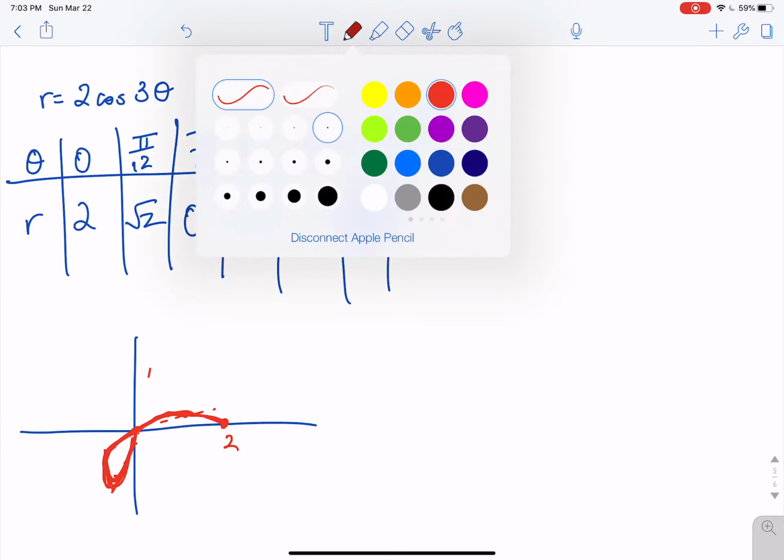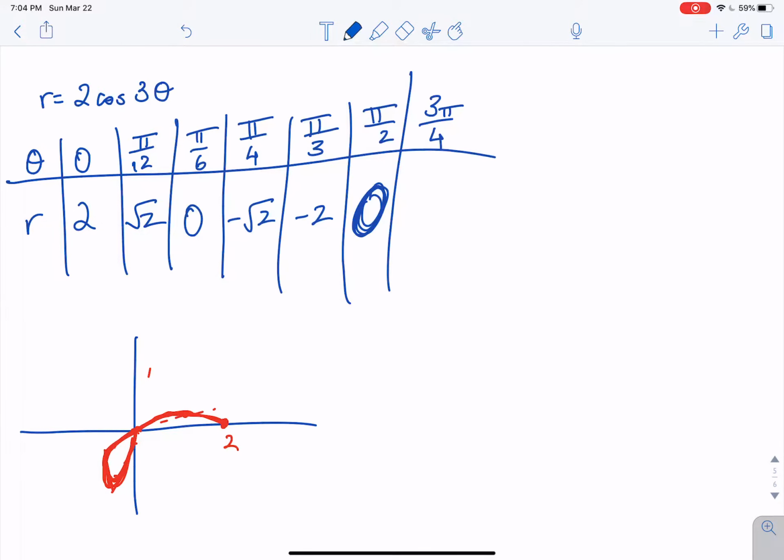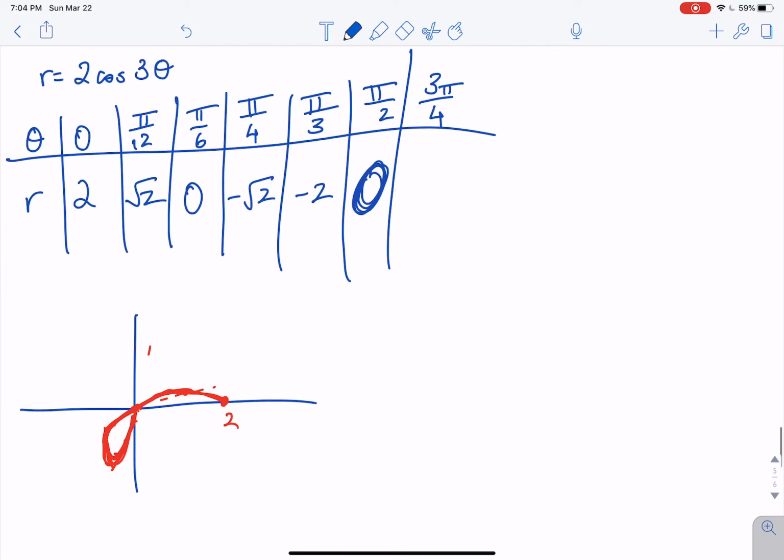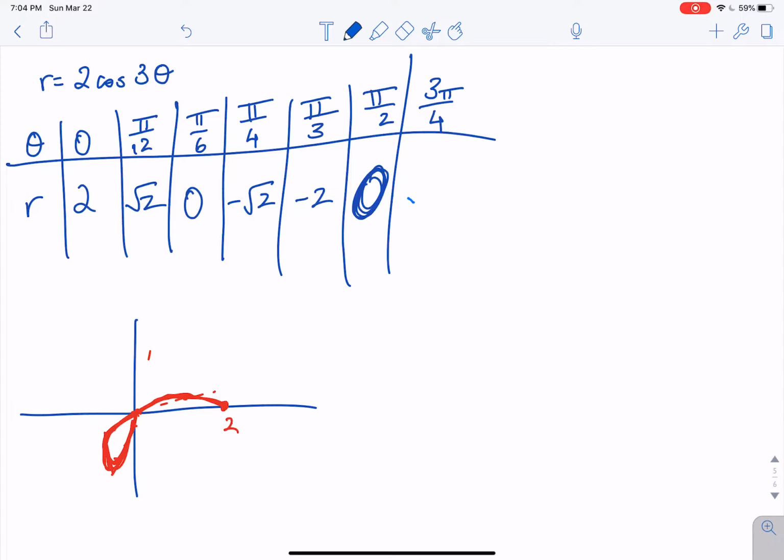So if we continue this, at 3 pi over 4, what are we going to get to? 9 pi over 4, right? Yeah. So 9 pi over 4 is root 2 over 2 again. So that's root 2, negative root 2. Wait, no, positive root 2. So then that's up here.